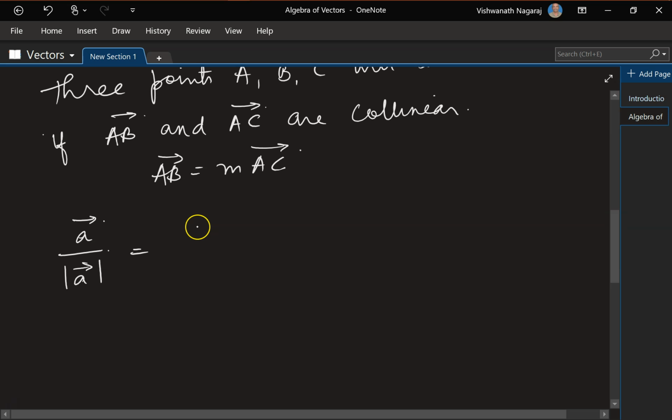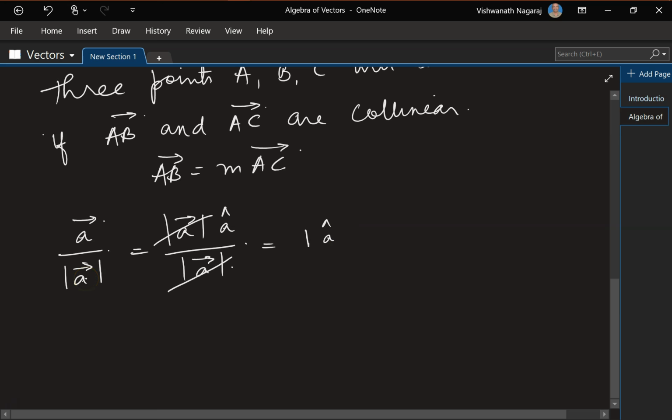Remember, vector A can be written as magnitude of vector A times A cap, divided by magnitude of vector A. Yes, these two get cancelled. So you are left with 1 of A cap. That means 1 unit in the direction of vector A.